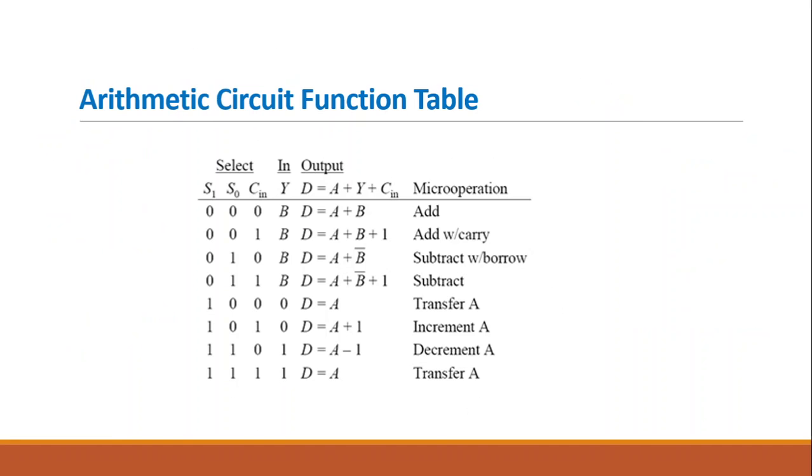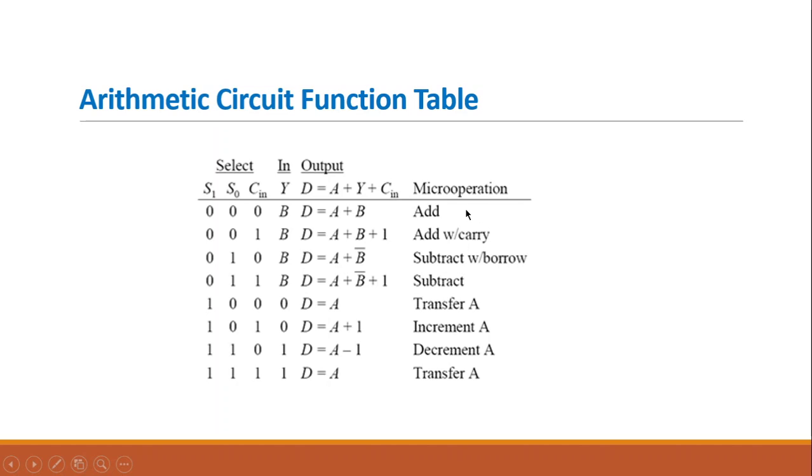Suppose the selection lines are 0, 0 and Cin is 0. So our input is B, and this will perform the addition operation A plus B. Next, if Cin is 1, then it also will perform the addition operation.